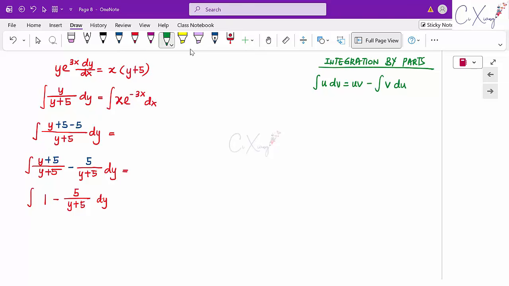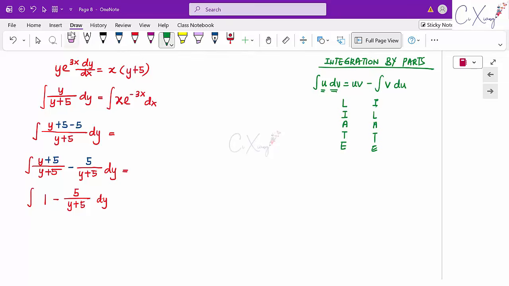Then we need to decide which one is the u and which one is the dv in our question. The rule of choosing here is the LIATE rule. Some books might use ILATE, which also can. It doesn't matter.